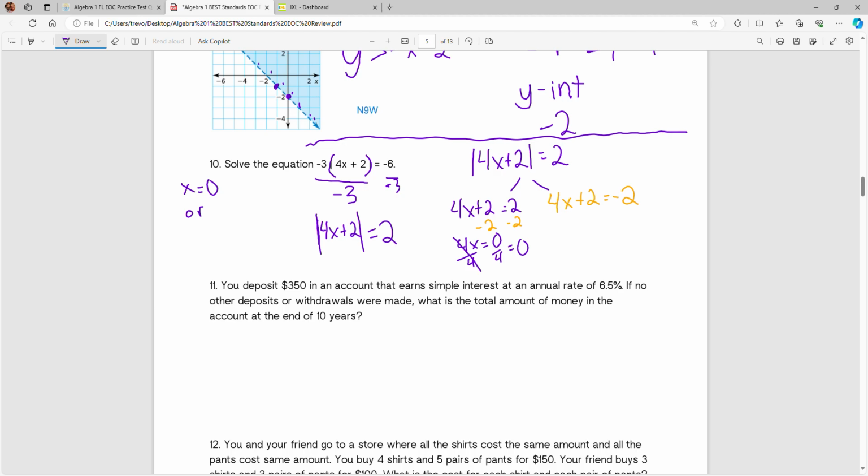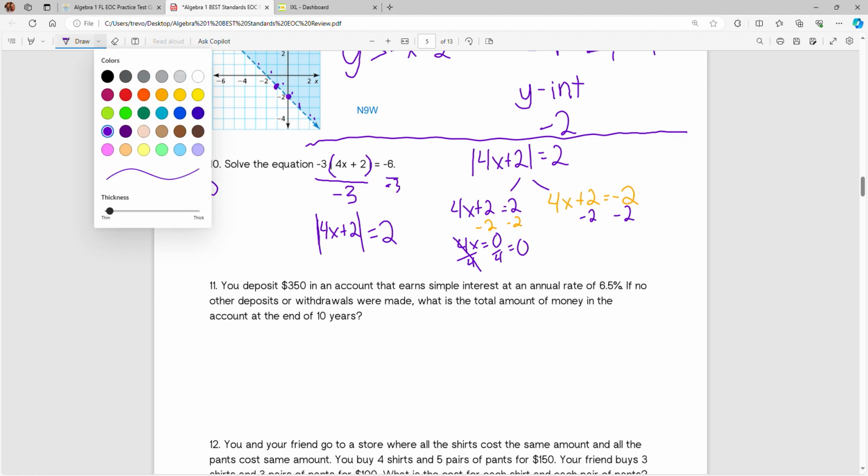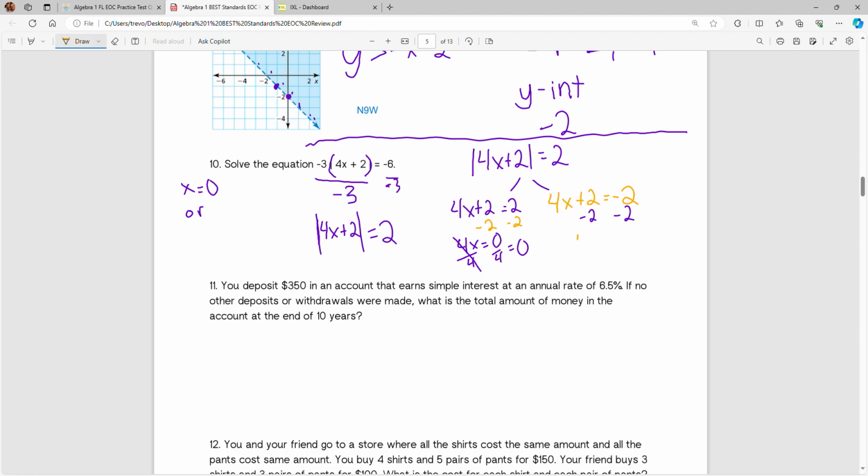Or, over here, solving for x, I want to get rid of the 2, so subtract 2 on both sides of the equal sign gives us 4x equals -4. -2 minus 2 is -4.